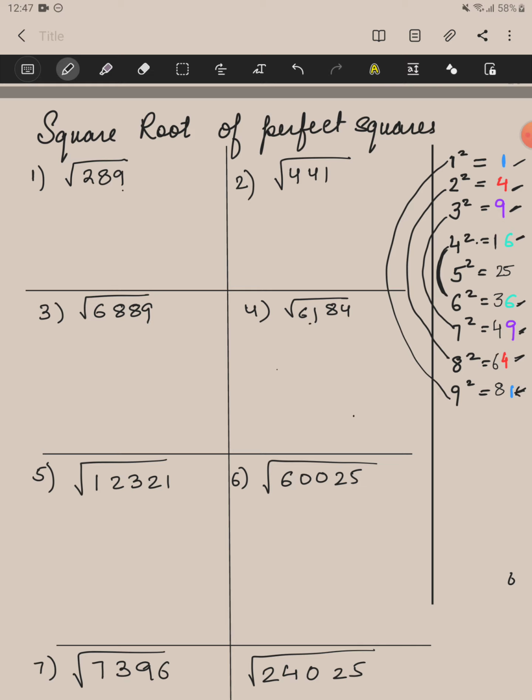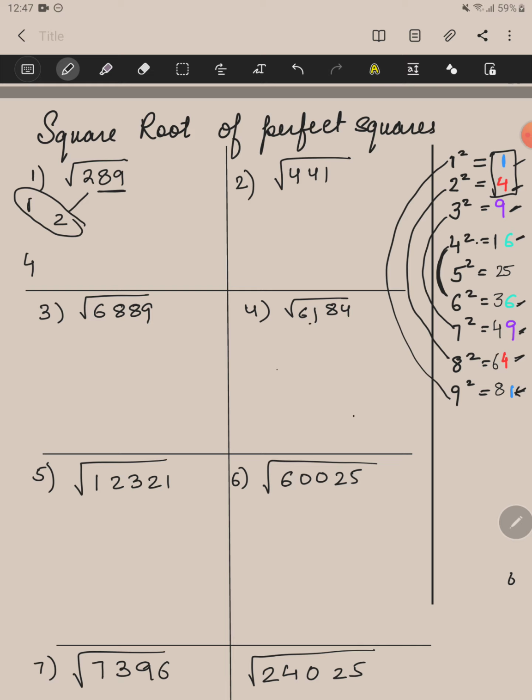So the trick to solve the perfect square root is you make a pair of the first two digits from the right hand side. Now whatever is left, 2 is left, you will look for the perfect square numbers between which 2 lies. So 2 lies between 1 and 4. 2 is close to 1, not to 4.